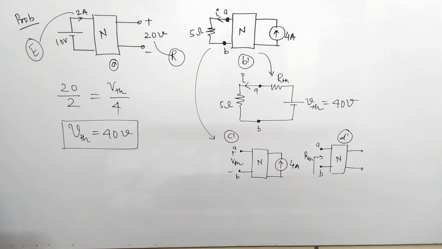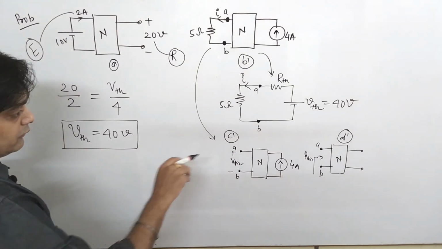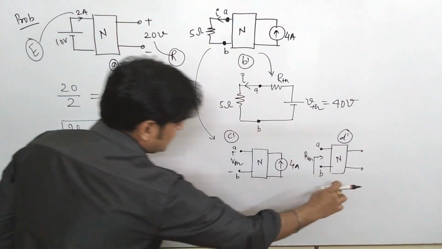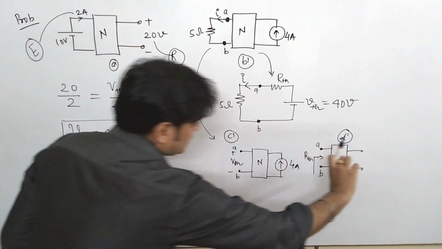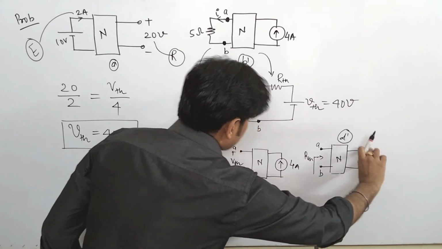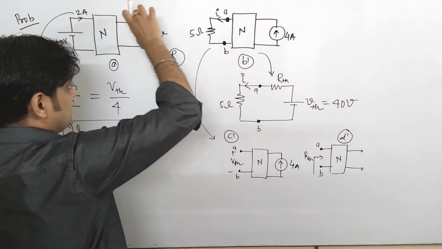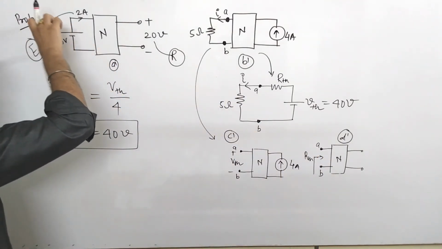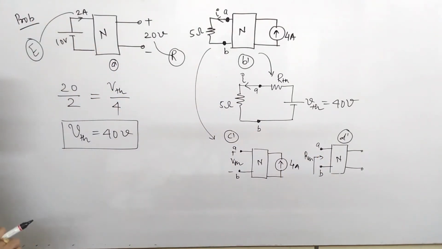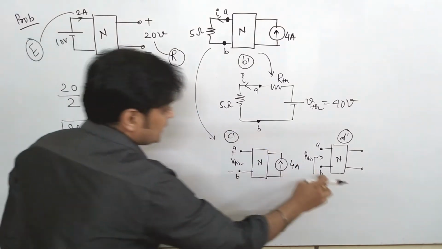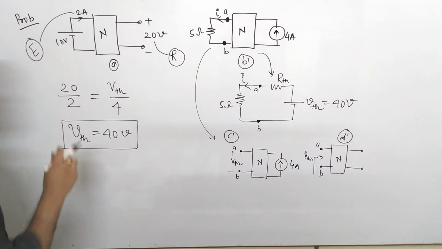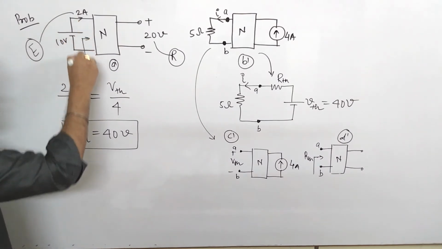Similarly, when we have to find the value of RTH, as I said earlier, you have to find RTH when this is open circuited. Now you compare these two networks. So this is an open circuit. Similarly, like this. If one is able to find RTH here, these two conditions will be satisfied, and that RTH is basically the port resistance looking from here.